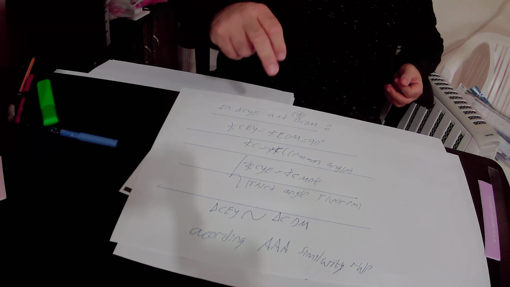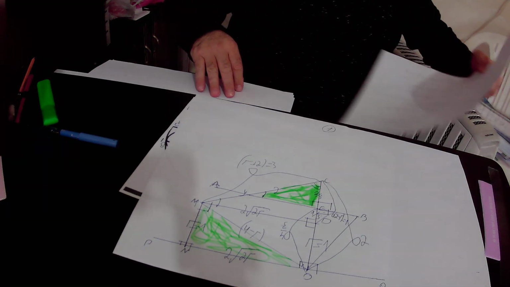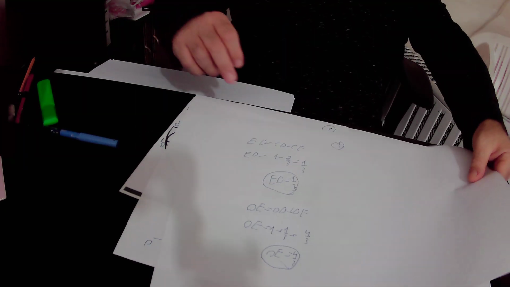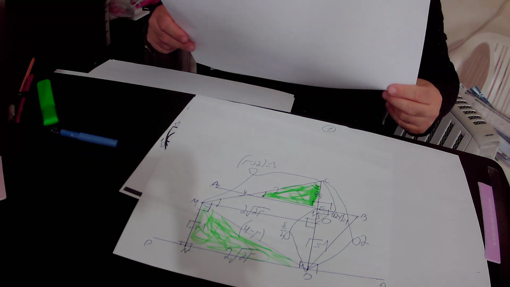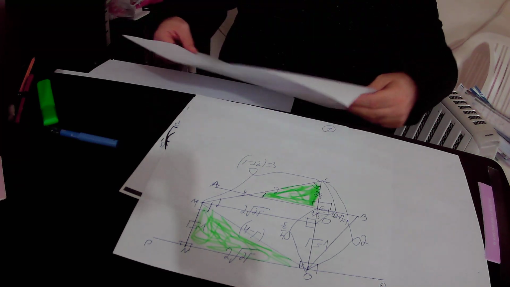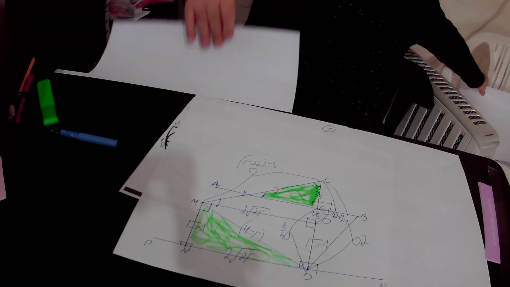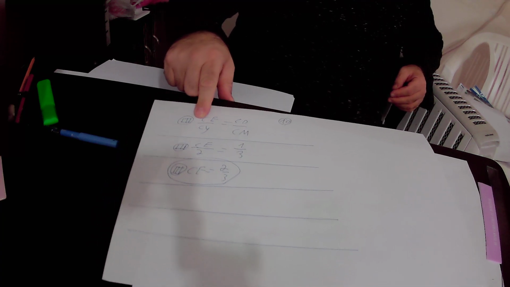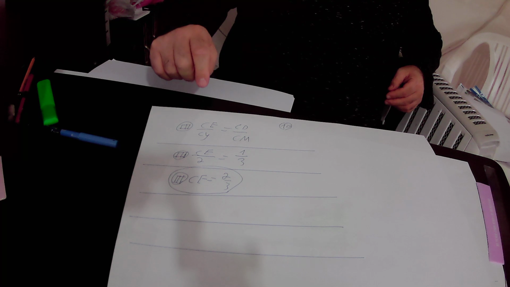And from the fact that triangle CYE is similar to triangle CDM, we will conclude that the following equality is true: CE over CY in triangle CYE equals CD over CM in triangle CDM.